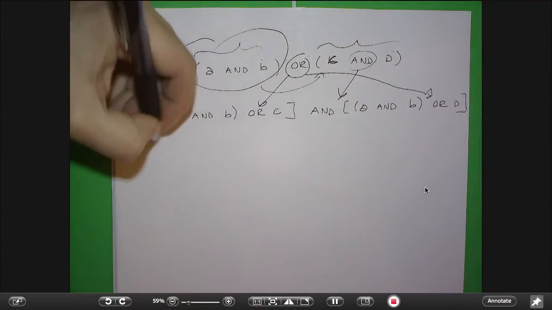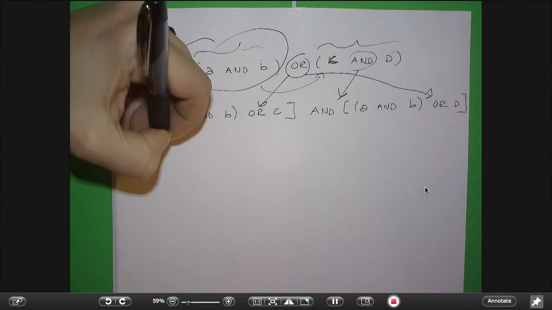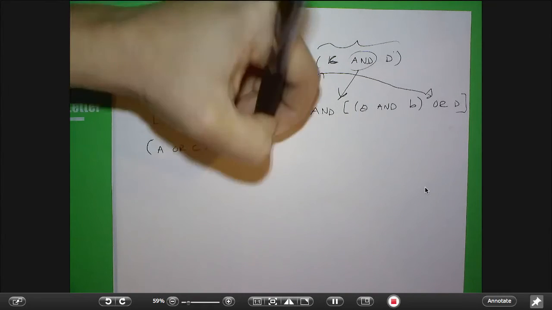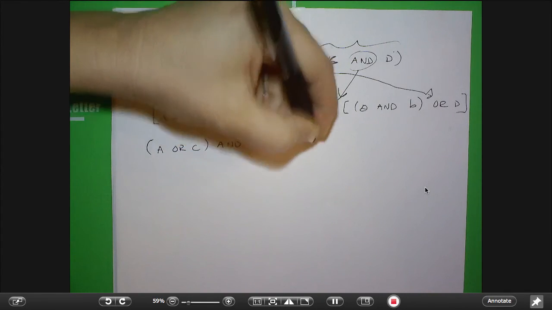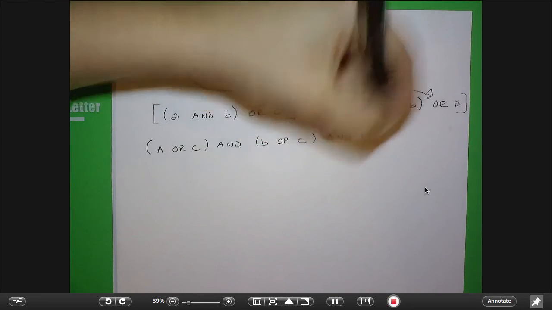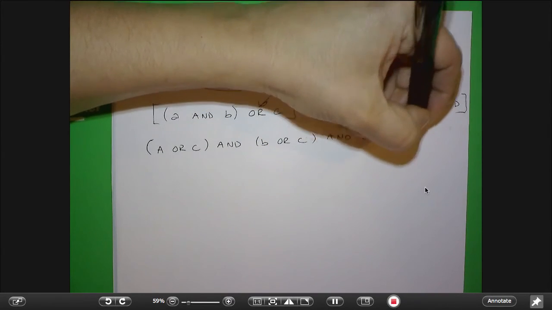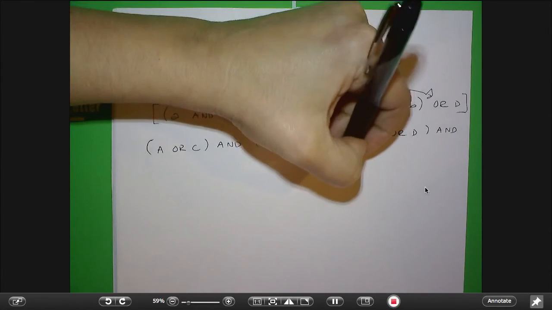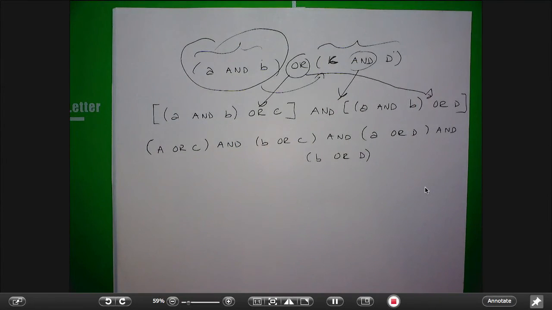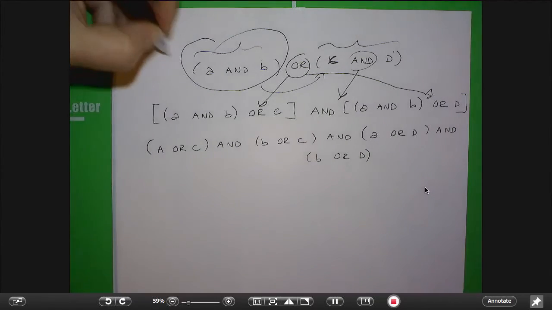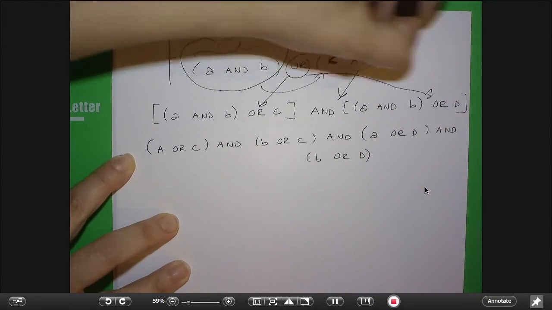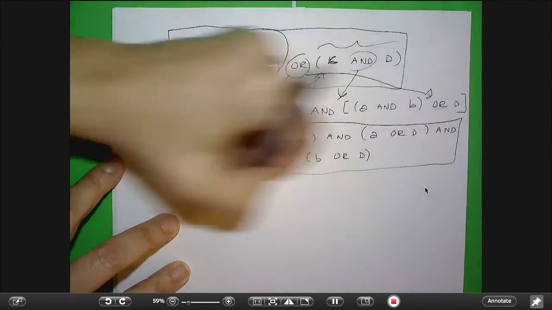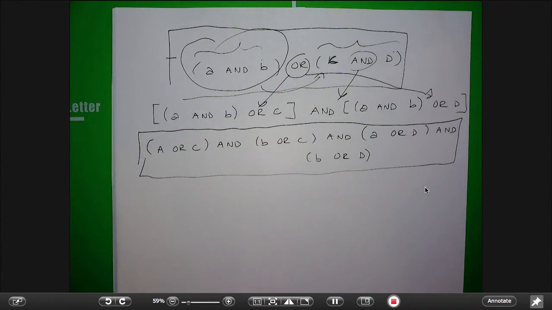So I can now make this as A or C and B or C and A or D and B or D. Okay? So it turns out that this condition here and these conditions are the same.